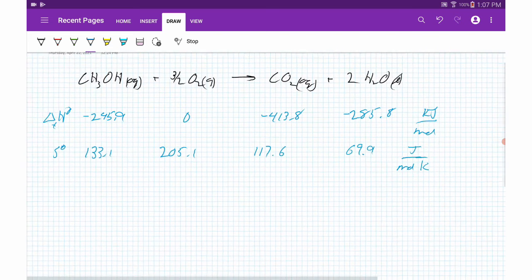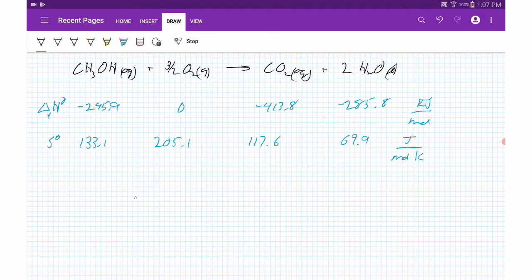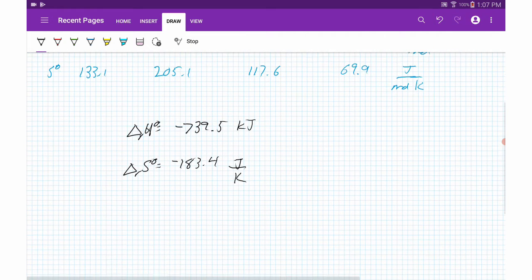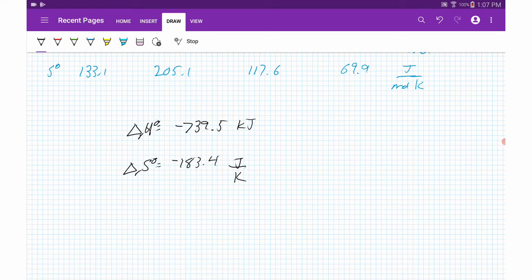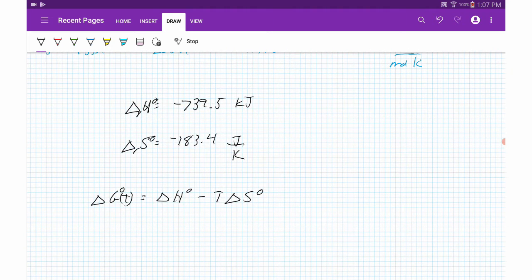So with these values, we are able to calculate the reaction enthalpy and the reaction entropy. And then calculate the delta G at any temperature, the equation that we have, where, as we've shown previously, delta H and delta S are relatively independent of temperature.